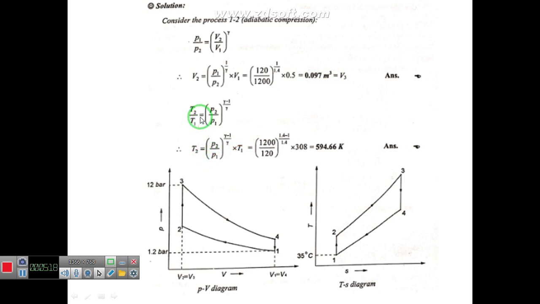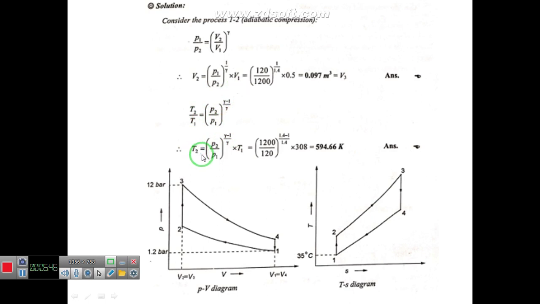In the same way, we take the relation between temperature and pressure: T2 divided by T1 equal to P2 divided by P1, power of gamma minus 1 divided by gamma. Using this relation we find T2.